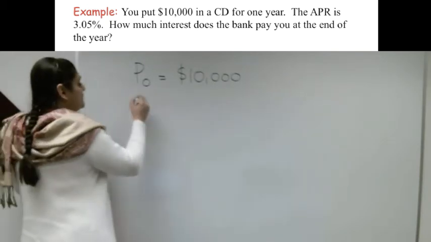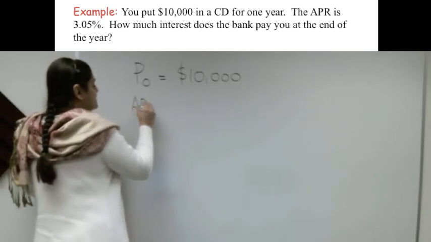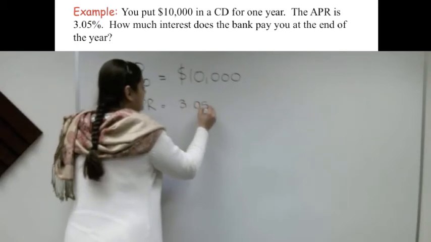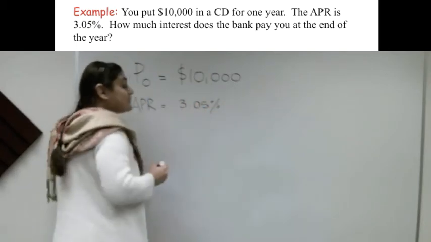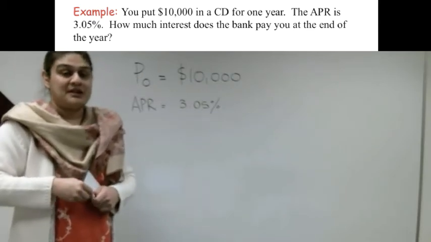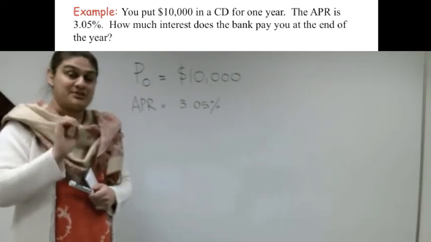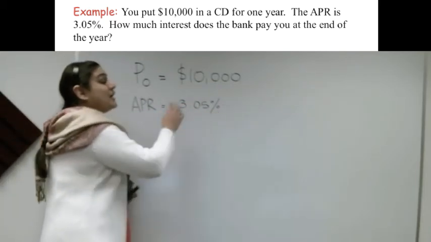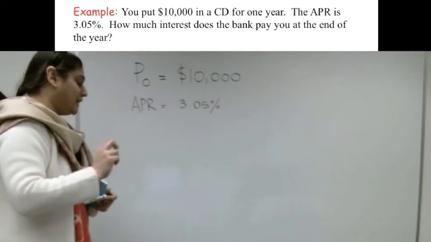The other important thing after reading this question is the annual percentage that I need to worry about. So it's 3.05%. In physics or in mathematics, whenever you see the symbol for a percent, that means that you need to multiply this number by a factor 1 over 100.